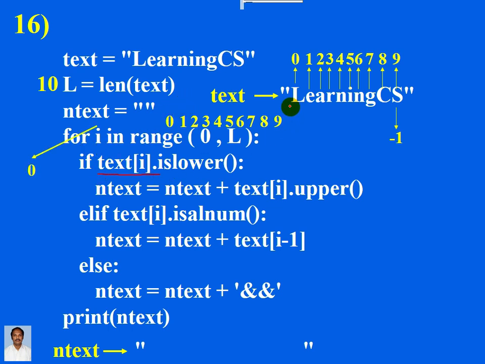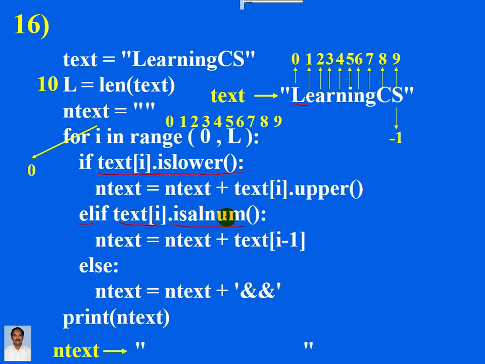Text of 0, capital L. Capital L dot is lower. Wrong, because capital L is not lowercase alphabet. So control comes to else part. Capital L dot is alphanumeric. So is alphanumeric returns true if the string is composed of alphabets or numbers, otherwise false.